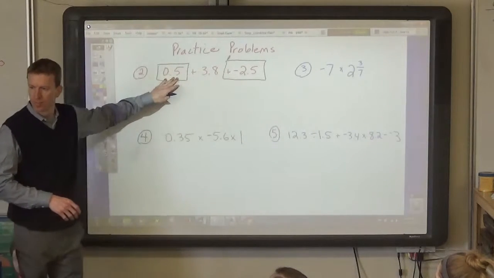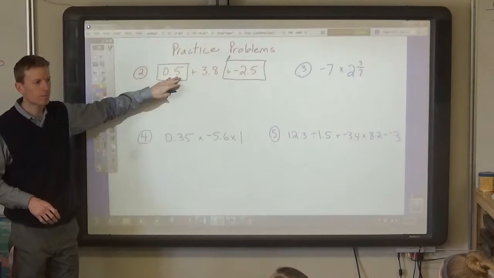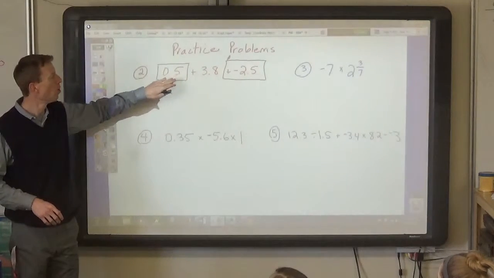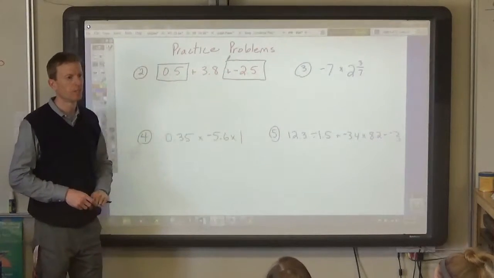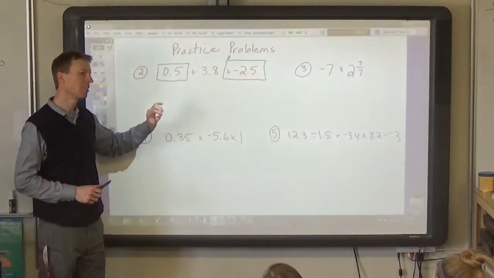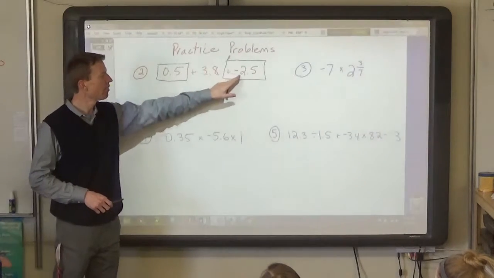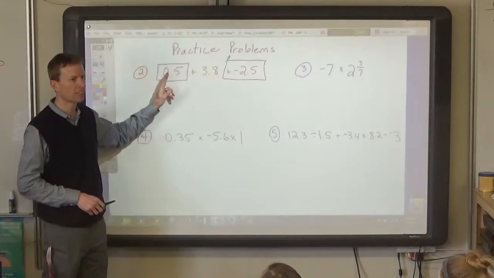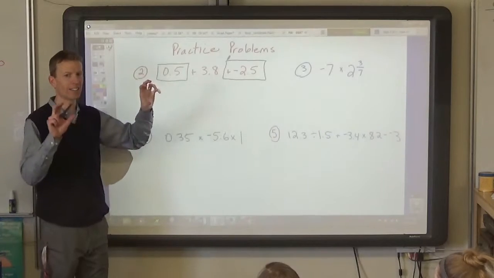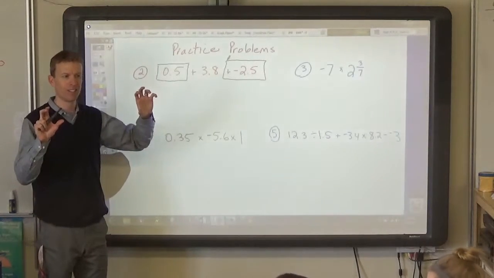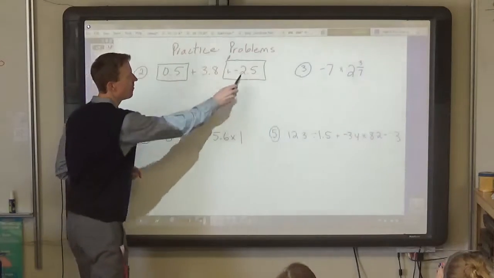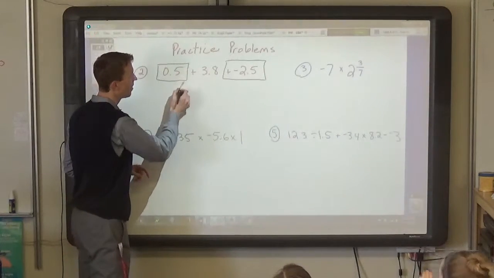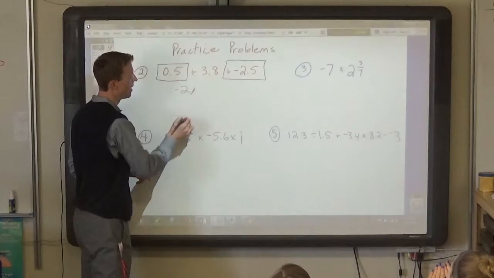Max? No, just these two. Negative 2.5 plus 0.5. One is negative and one is positive, so we subtract. Negative 2. Yes, because the negative is bigger. This is going to be negative 2, the answer.